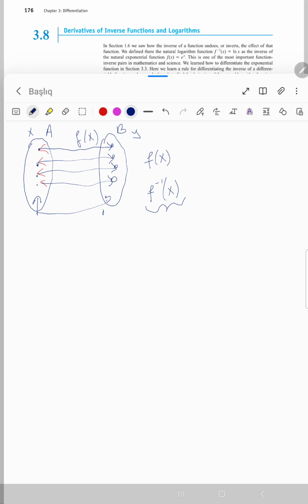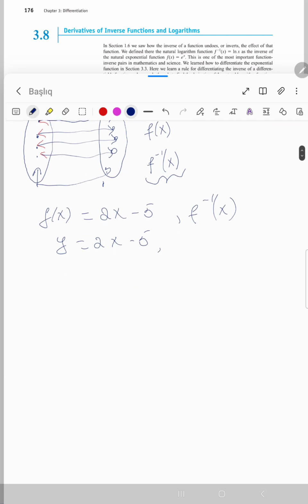Let's say, for example, we have f(x) equals 2x minus 5. It means y equals 2x minus 5, and we're supposed to find the inverse of f(x). So we'll just solve for x in this function. 2x equals y plus 5, x equals (y plus 5) over 2.